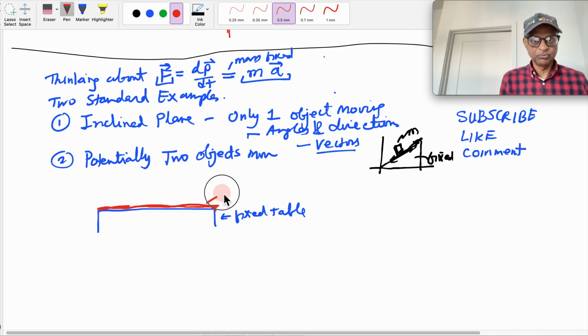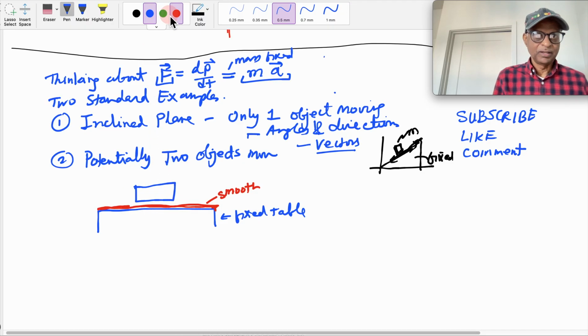On that you place one box or a book, and on top of that you place another book. And either you put a force on that or put a force on that.